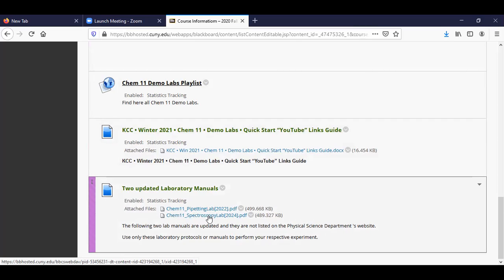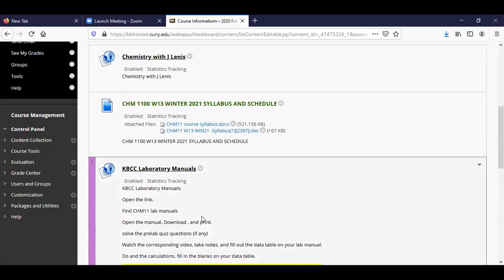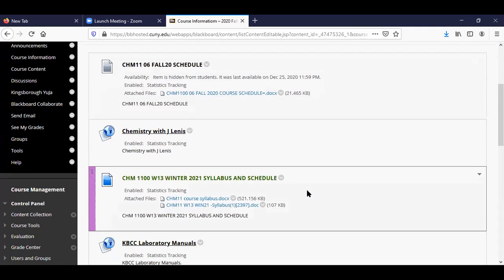The one that is on the physical science department website is outdated. So this is the new one. We created a new wonderful lab because we were using new instruments. So you will see the experiment, how to deal with the instrument, how to take measurements there.